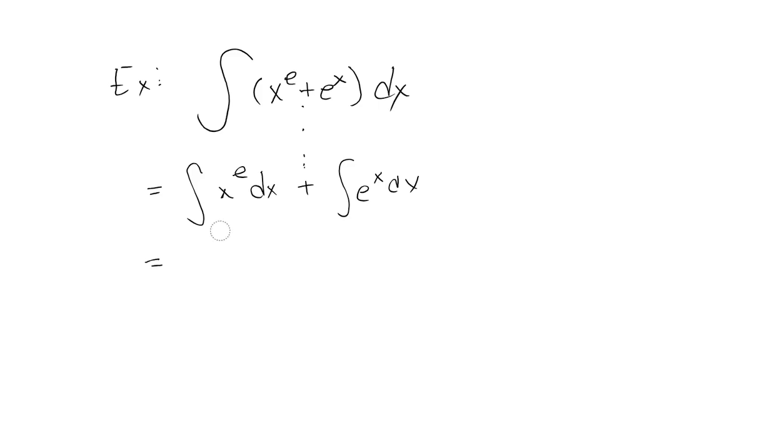The first integral, integral of x to the e, follows our power rule. Our power rule is when we have x to a power. The power rule, we add 1 to the power and divide by that power. The second one fits one of the rules we're discussing. Integral of e to the x is e to the x. Adding our constant.